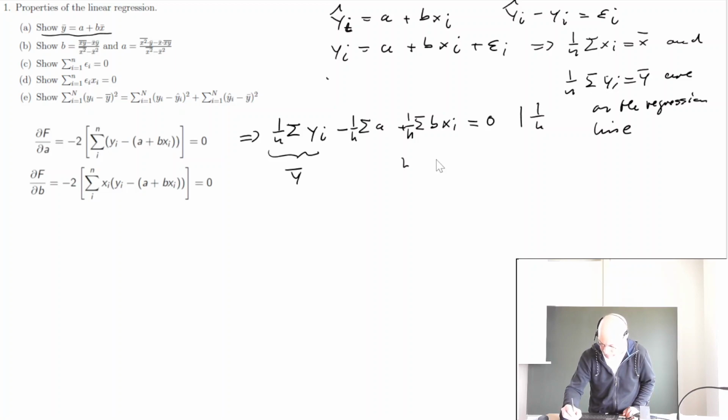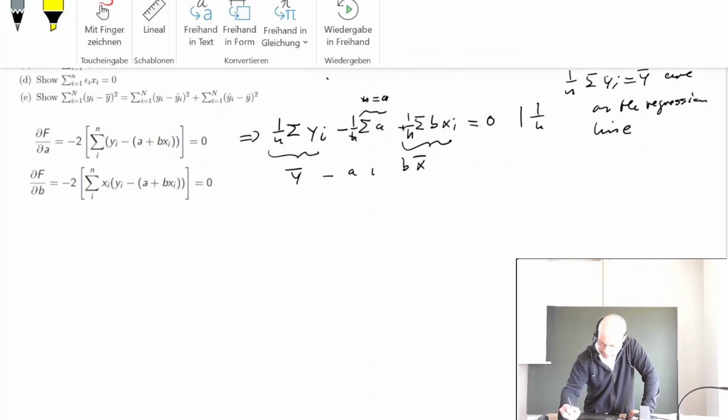We have b times x bar here, and the sum over a, n times a divided by n, cancels and we obtain minus a. Oh, here we have also a minus sign, of course.